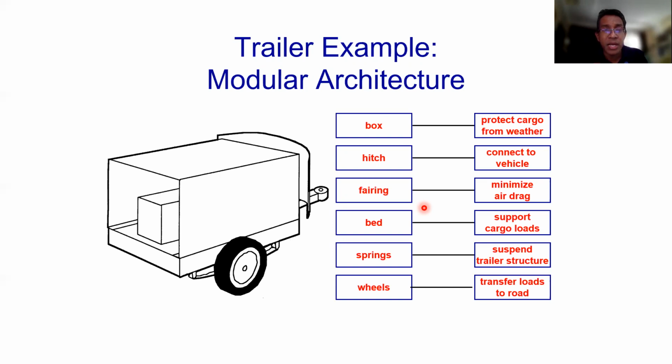This is another example. Instead of focusing on the printer as we did just now, I will show you a trailer example of modular architecture. You can see here we have box, hinge, fairing, bed, spring, and wheel. So it is clearly modular.